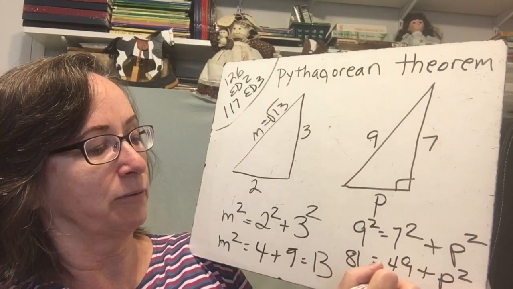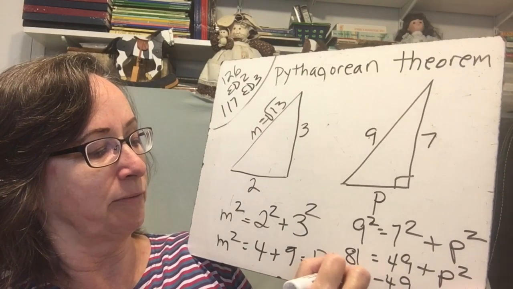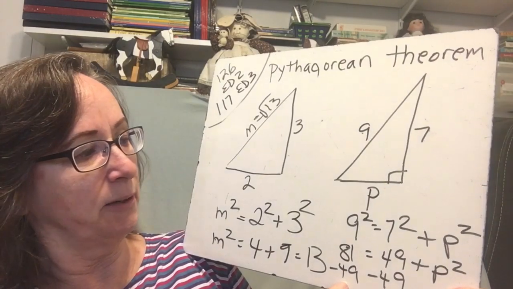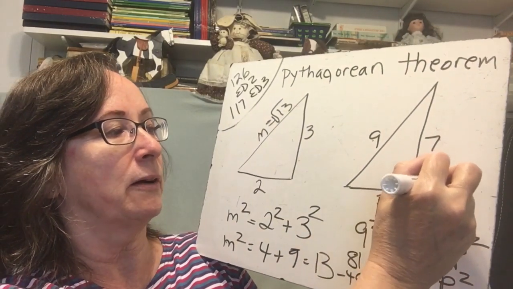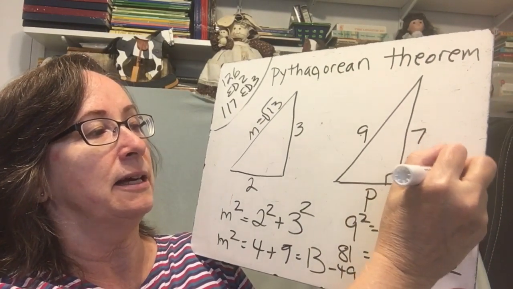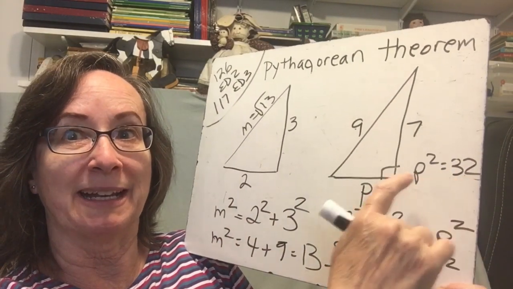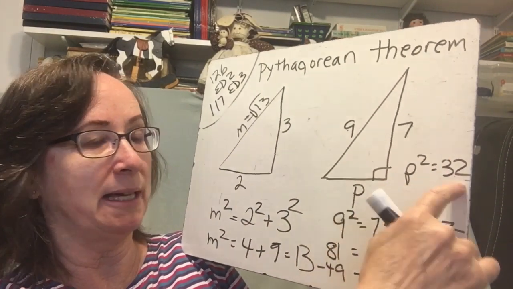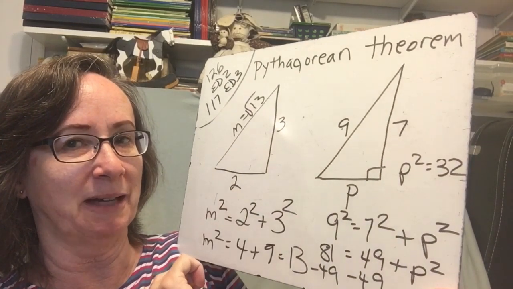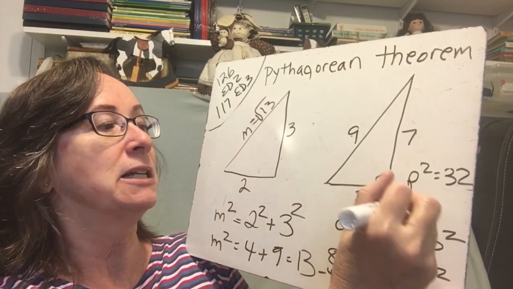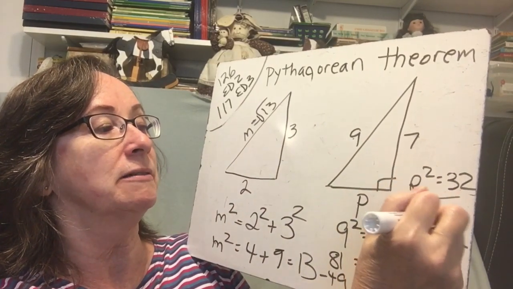We subtract the 49 from both sides. This becomes a 32, and we get p squared is 32, but we're trying to find p, so we take the square root of 32, and we don't do the plus and minus because it's a side, so we just get the square root of 32.